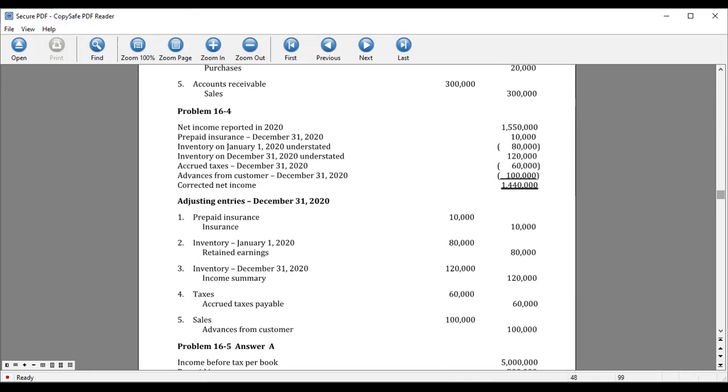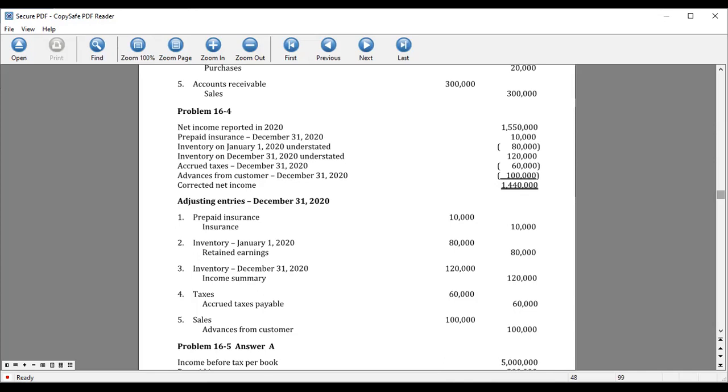So the entry is to debit taxes, credit accrued taxes payable. So we now record accrued taxes payable as a deduction from net income, because the omission of taxes overstated net income. So we have to deduct it back.